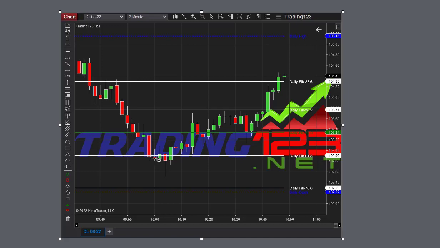The 61.8 is not guaranteed, I can't say always, but it's a known reversal area that institutions trade off of. So this would have been a nice long, and up it goes. Got long 103. It went up 30, 40 ticks, and one and done day right there.